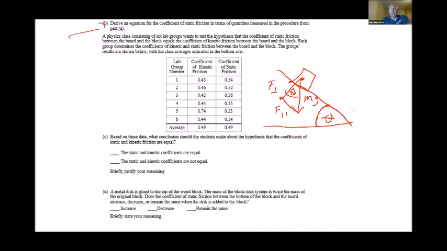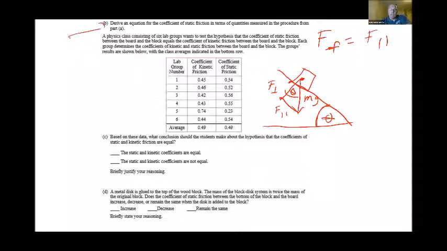So let's think for a second. I started with this idea that when that block starts to move, this ought to be true. So let's see if I can come up with some equations to illustrate this a little bit better. So F parallel, let's give that in terms of mg.